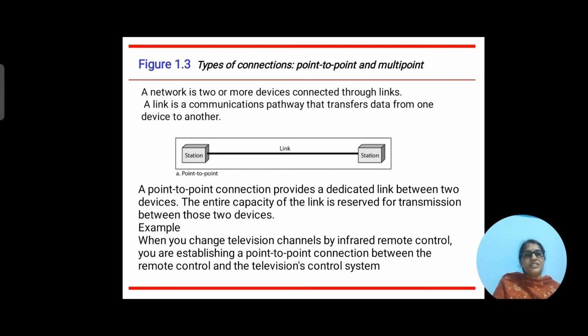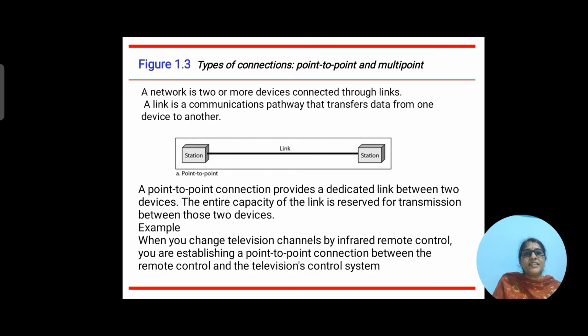As shown in this slide, in the picture, we have two boxes, station 1 and station 2, and one line that is a link. As the name says, a point-to-point connection provides a dedicated link between two devices. So this is nothing but a point-to-point connection.